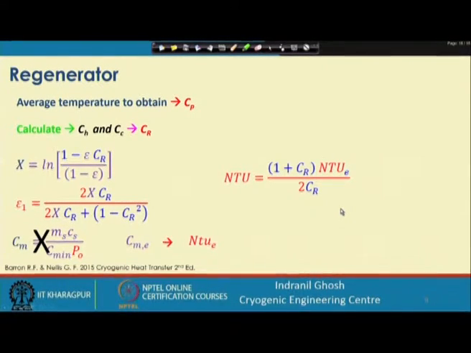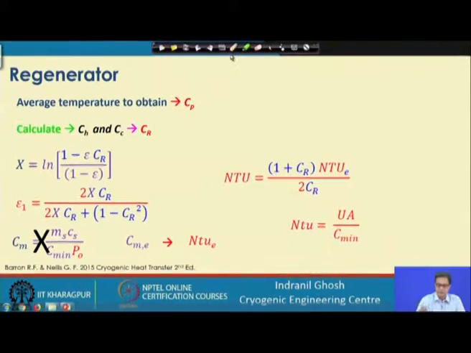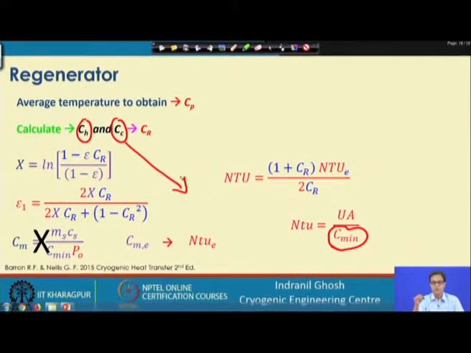Then we can put it in terms of NTU equals UA by C mean, and note that this C mean is already known to us, because we have already calculated CH and CC. Out of these two we can distinguish which one is the C mean. Since the NTU and the C mean are known, we would be able to calculate the UA.